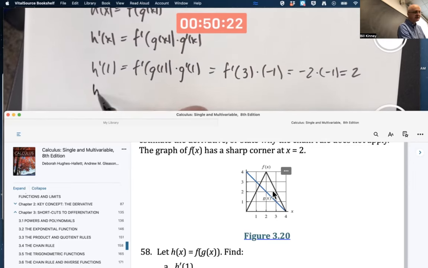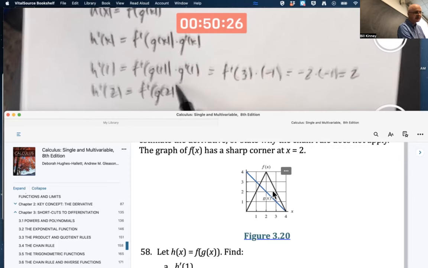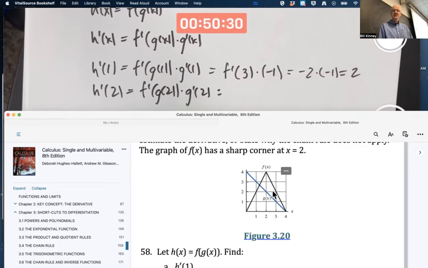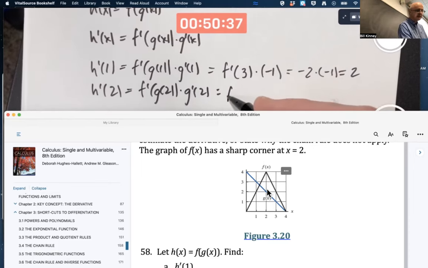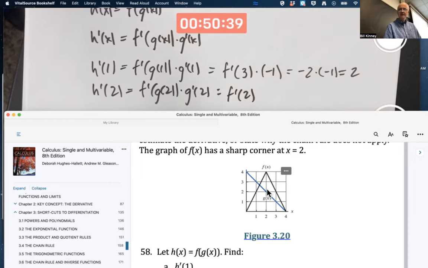h prime of 2 is another question. That's f prime of g of 2 times g prime of 2. What's g of 2? Look at the graph. g is the blue line. g of 2 is 2. Times g prime of 2, which is -1.